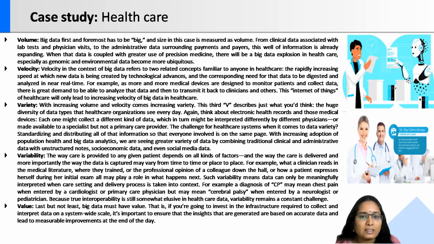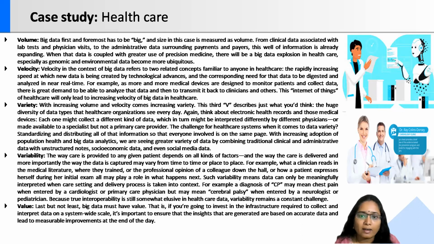The next one is velocity, which is the speed. Whenever new data is generated, it must be handled in real time. Medical devices monitor patients, collect the data, and analyze it, sending it back to the clinicians and others.